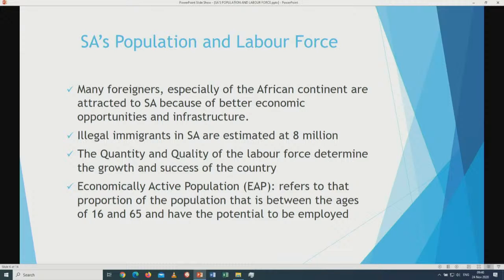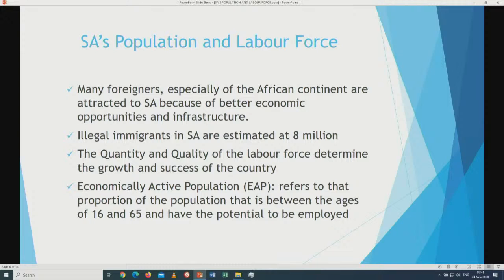Here in South Africa, we put brackets of 16 years of age and 65 years of age, which means you can start working from the age of 16, 17, and at the age of 65 you must retire.